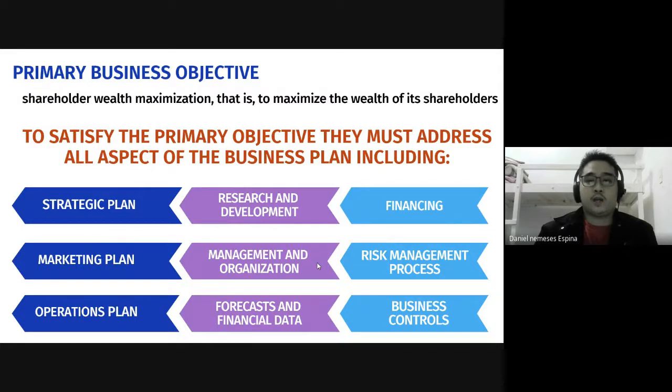To satisfy the primary objective, they have to address all aspects of the business plan, such as strategic plan, research and development, financing, marketing plan, management and organization, risk management process, operations plan, forecast and financial data, and business controls.